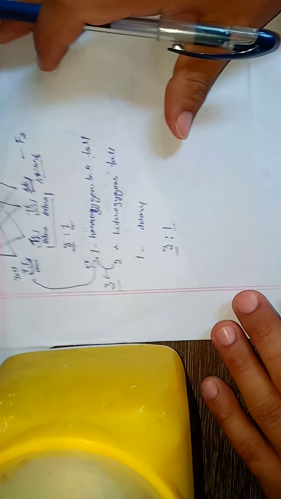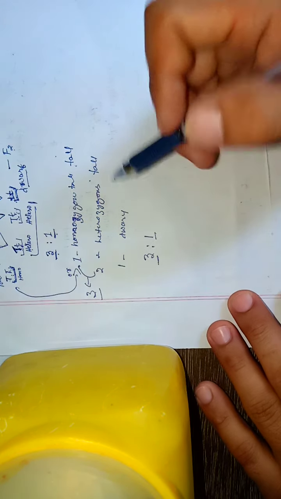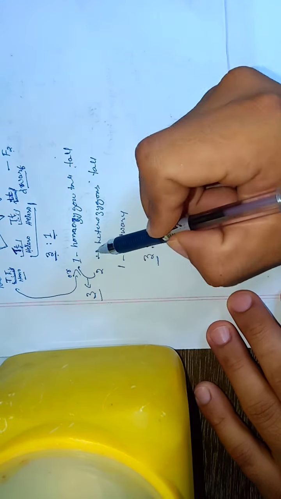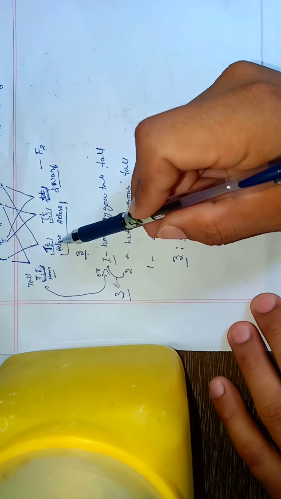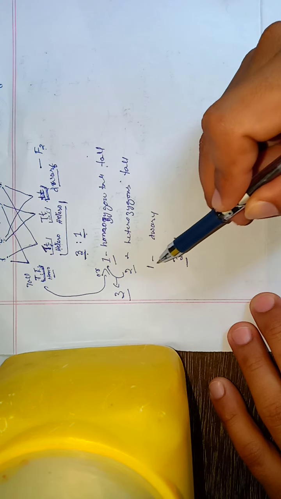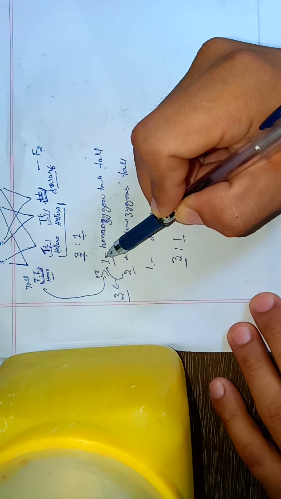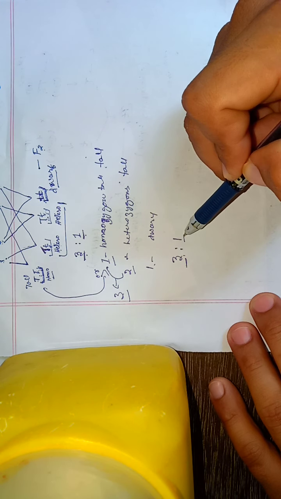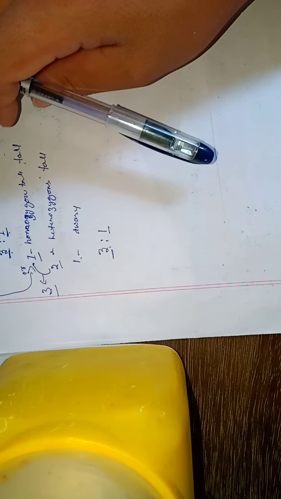Or if you want to give their homozygous and heterozygous condition, then 1 homozygous, and heterozygous means 1, 2, so 2 heterozygous, and 1 dwarf. So if you add 2 heterozygous and 1 homozygous, total 3, and 1 dwarf. So this is the experiment conducted by Gregor Johann Mendel.